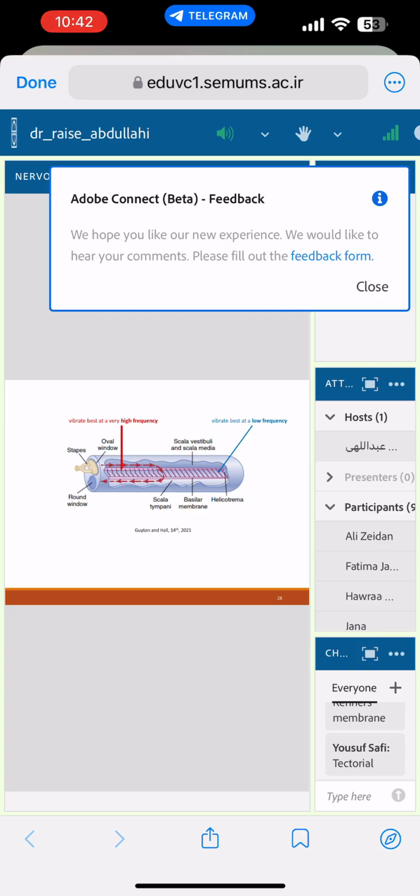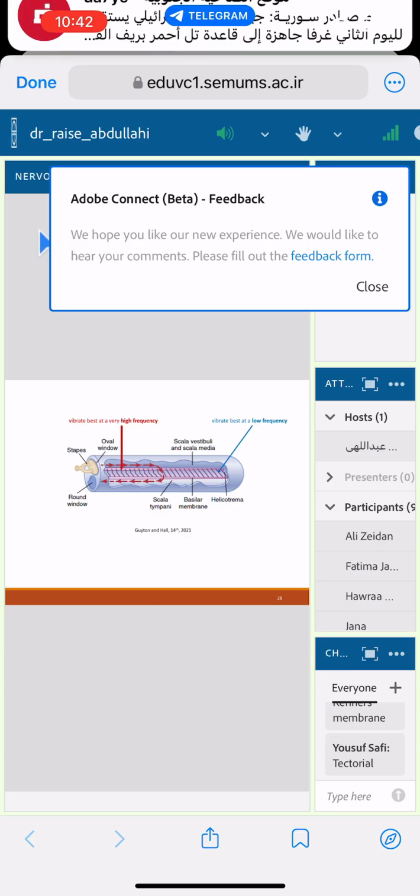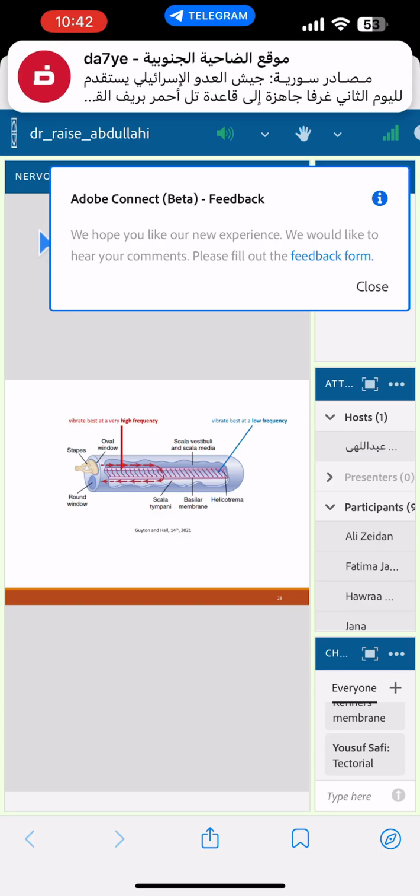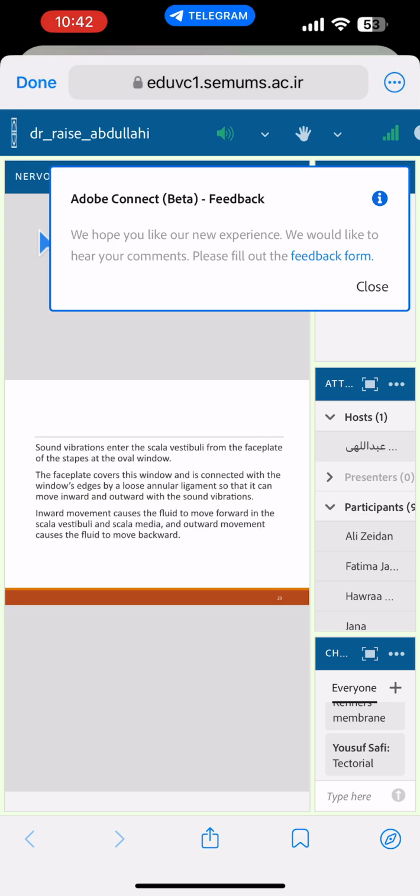This part of the basilar membrane reacts better to low frequencies, and the base of the basilar membrane vibrates best at a very high frequency. This is one very good and the most important way that we can differentiate between the quality of sounds.